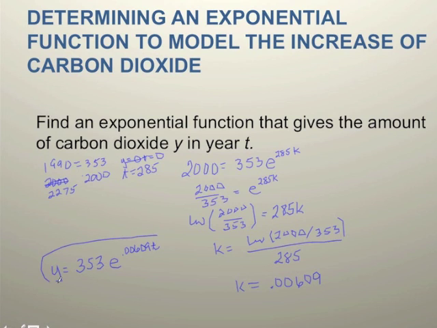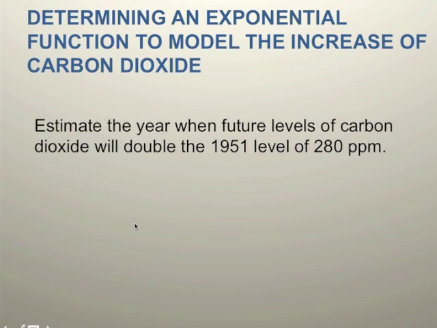And this is the formula then I can use to find the increase in carbon dioxide. And let's use that formula then. Writing it down quickly again so we don't forget: y equals 353 times e to the 0.00609 t.